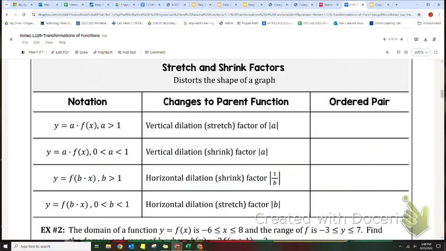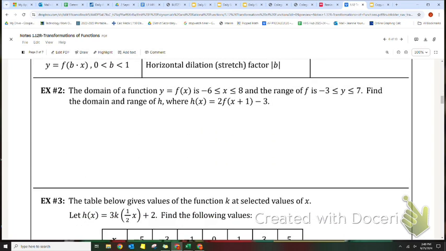All right, then example 2. Says the domain of a function y equals f of x is negative 6 to 8 inclusive, and the range of f is negative 3 to 7 inclusive. Find the domain and range of h where h is equal to 2 times f of x plus 1 minus 3.